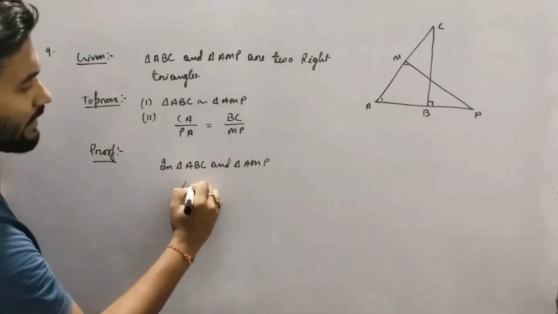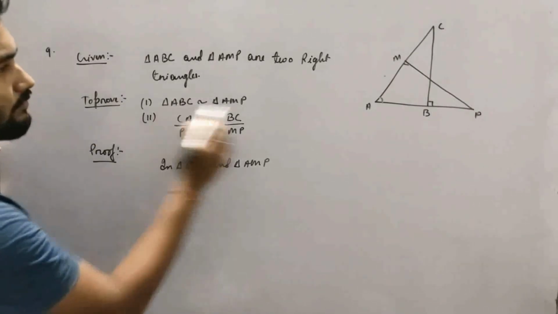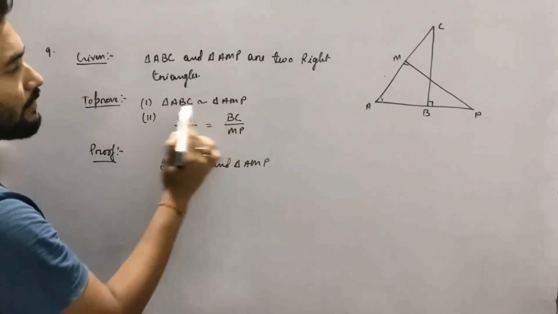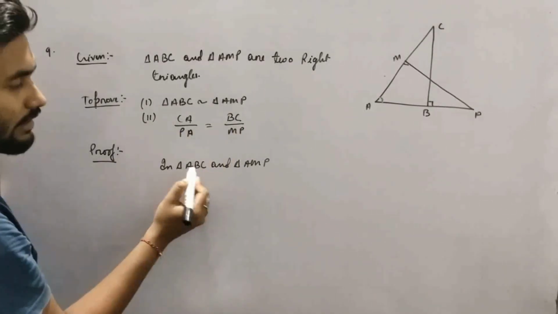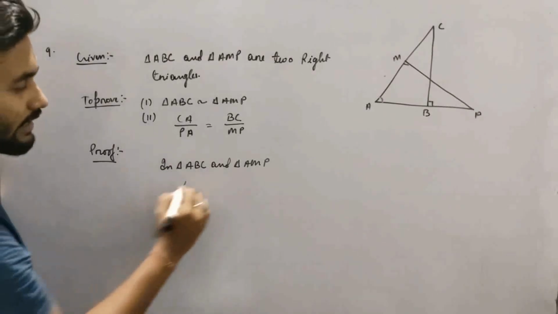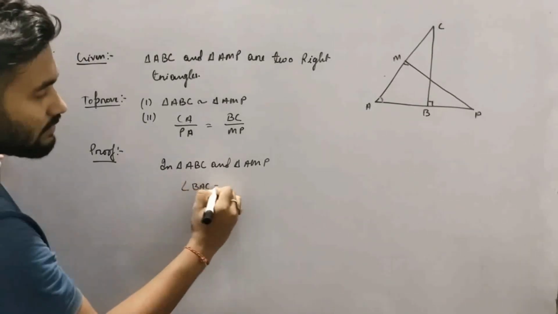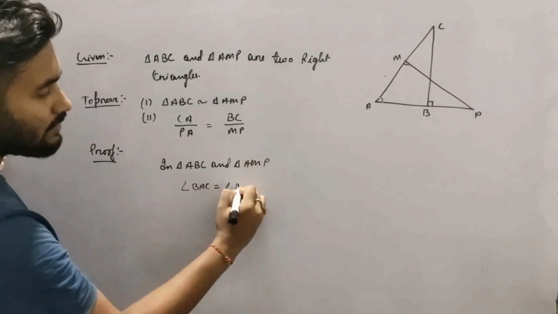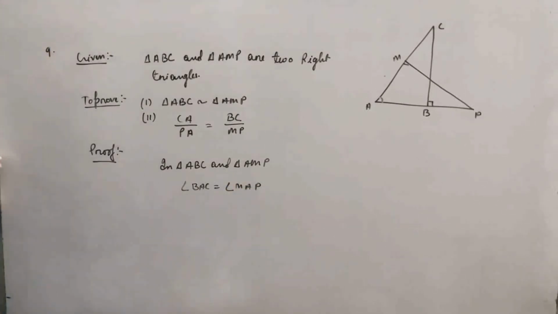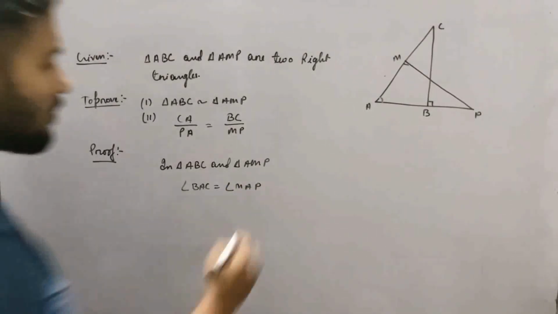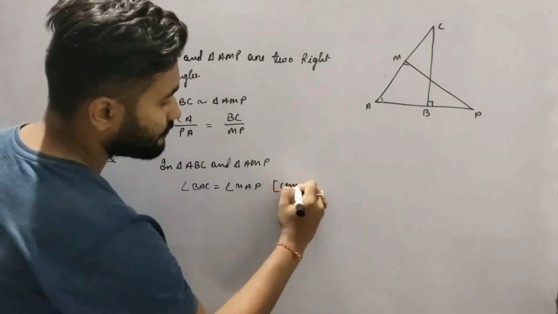So we can say that angle A should be equal to A, right? So put this angle A in the middle, in the vertex. Angle BAC will be equal to angle MAP. Common angle.